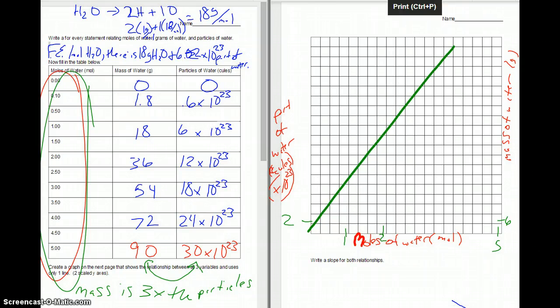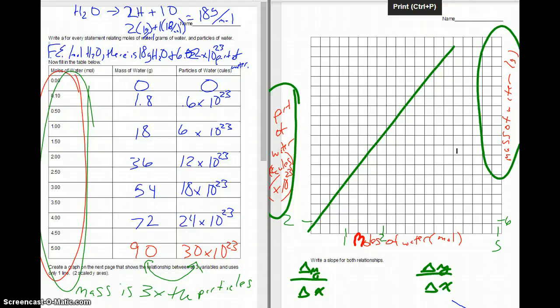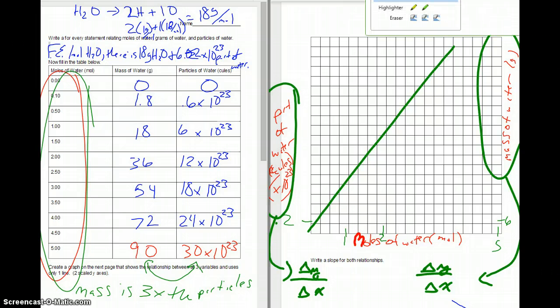But in terms of the slope for both relationships, I know first period you guys didn't have to do this, but it'd be a good idea to do this for our quiz tomorrow. So it's change in y over change in x, where y is the particles, and then change in y over change in x, where the y is the mass. And you should get a relationship that looks eerily similar to this.